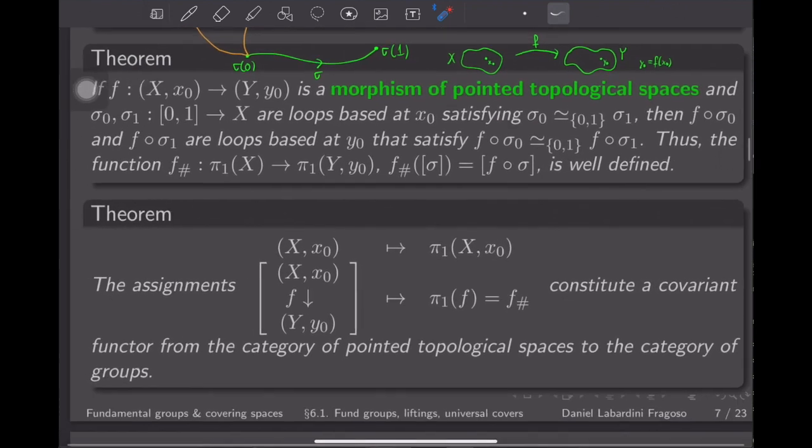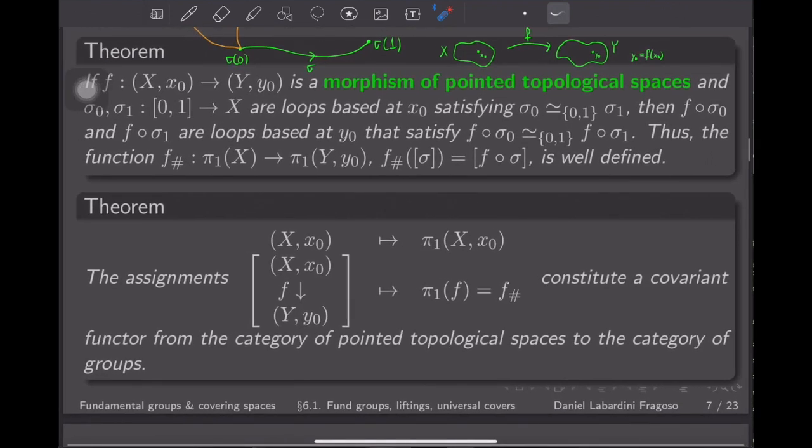And it turns out that when I consider the category of pointed topological spaces, so definition, a pointed topological space is a pair consisting of a topological space and any point inside it.